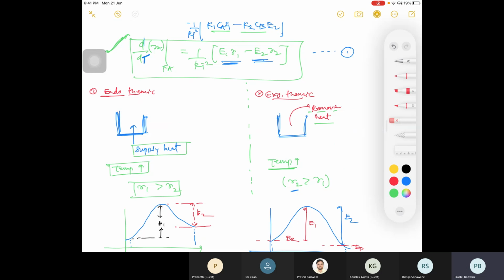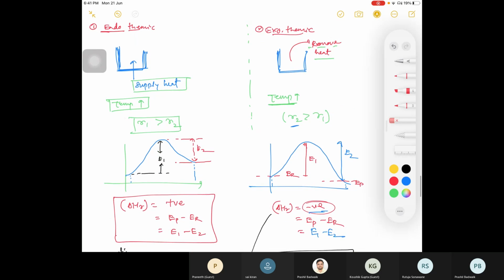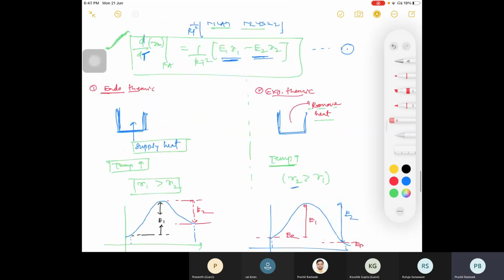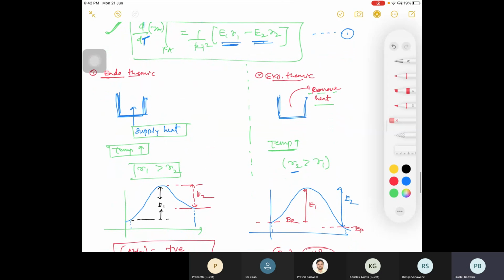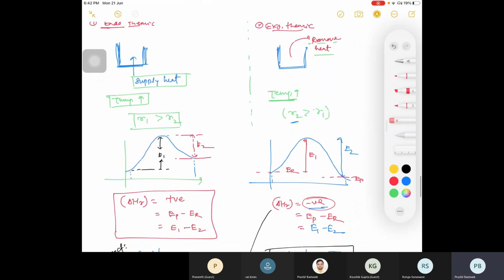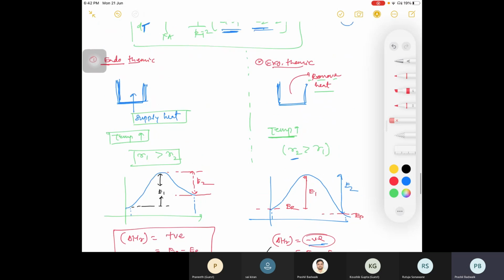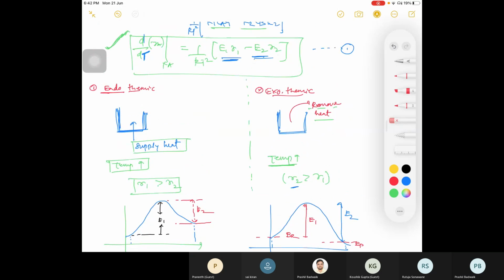When your R2 is greater than R1 and your E2 is greater, am I correct? Your R2 is greater and your E2 is greater. Are you getting it is continuously decreasing?